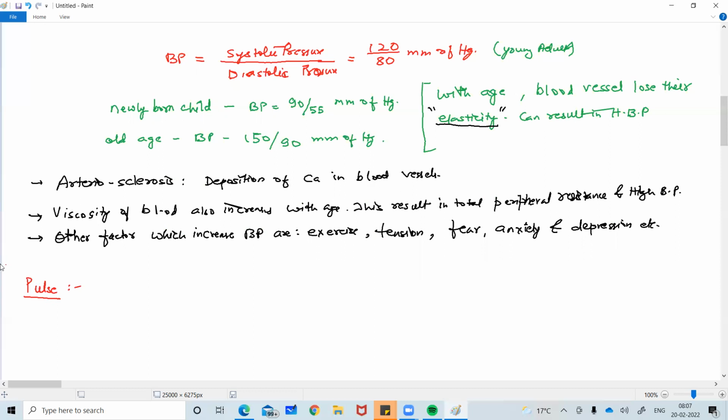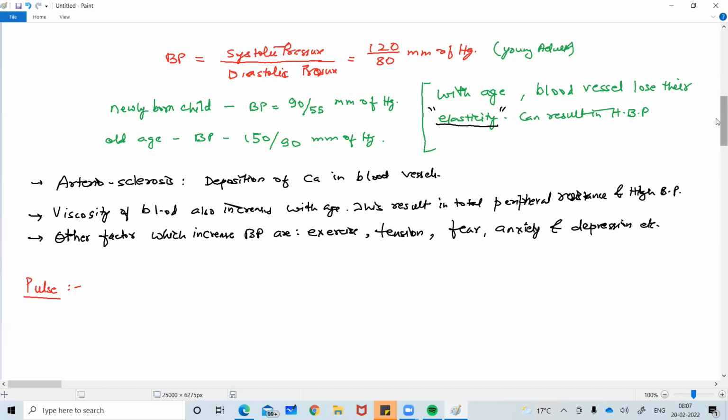That 70 ml of blood coming out forcefully from the ventricle when it contracts is called stroke volume. Due to the forceful expulsion of the blood, a wave of distension is felt in the artery, and when that is measured, you get the pulse.